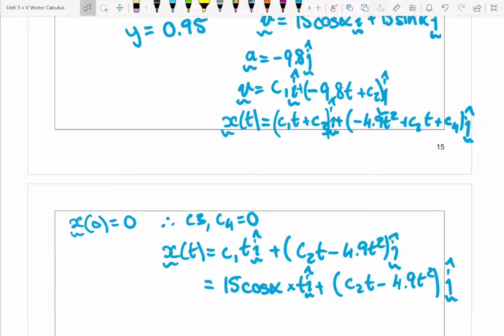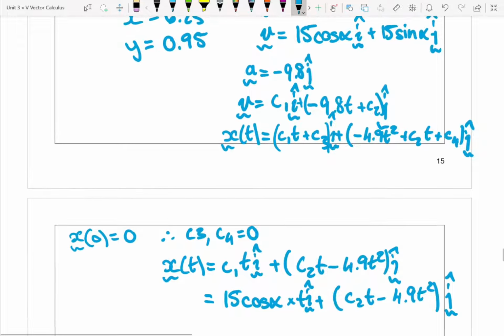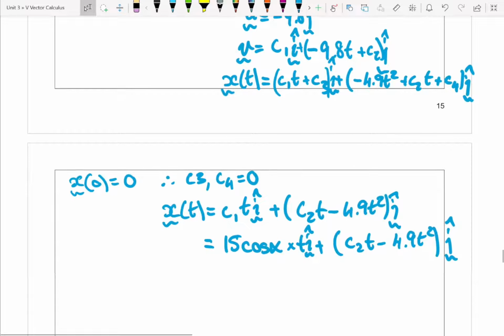The last bit of information we need is that when t equals 0, c2 is going to be equal to our initial velocity, which is 15 sine of alpha. I'm actually going to rename this to v of 0 so that it's a little bit clearer what this value represents. So because t equals 0, c2 has to equal 15 sine of alpha.